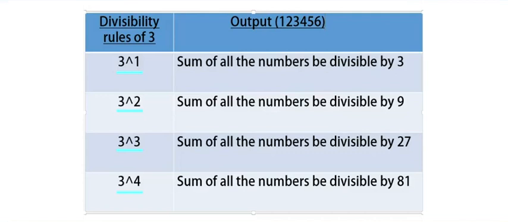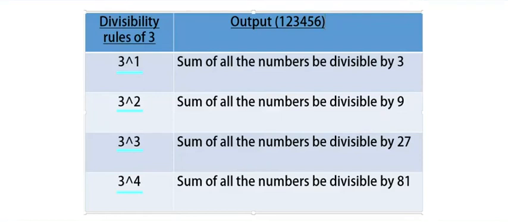The rule of 3 power 1, that is the divisibility rule of 3, says you will add all the digits and check whether the sum is divisible by 3. If the sum is divisible by 3, leaving remainder 0, then the complete number is divisible by 3, else it is not. For example, the number is 1, 2, 3, 4, 5, 6.